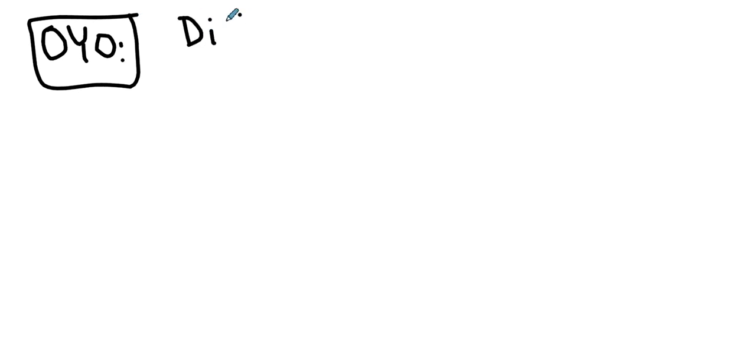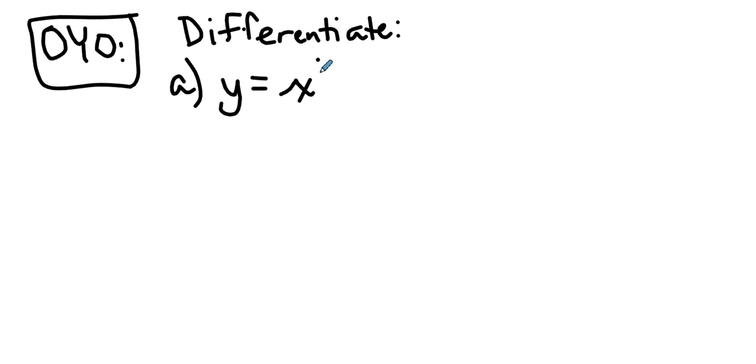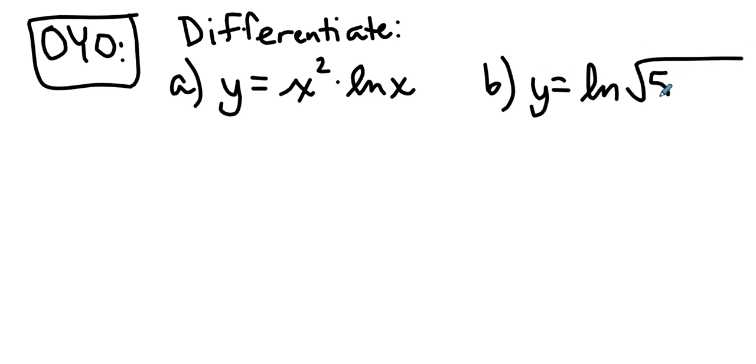Time for me to lay out our first OYO. These are questions for you to do on your own. So they're things that we can talk about when we gather, but for now, they're things for you to do on your own. Let's make sure that you know how to take the derivative of x squared ln x, and that you know how to take the derivative of the natural log of radical 5x plus 1.